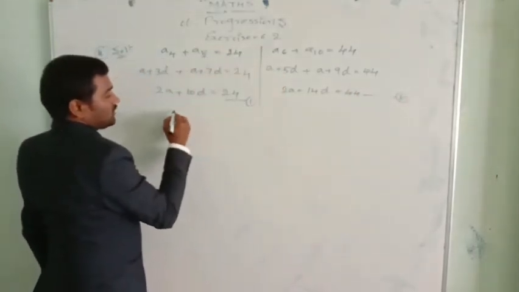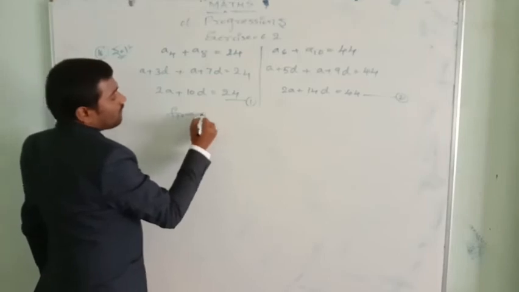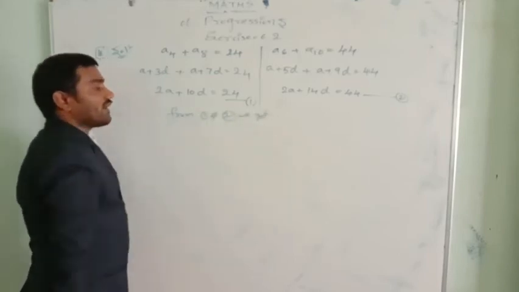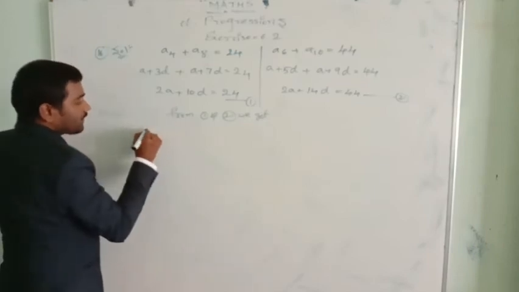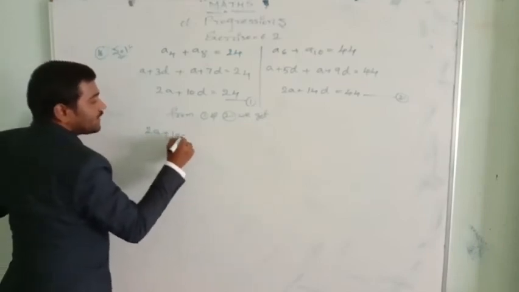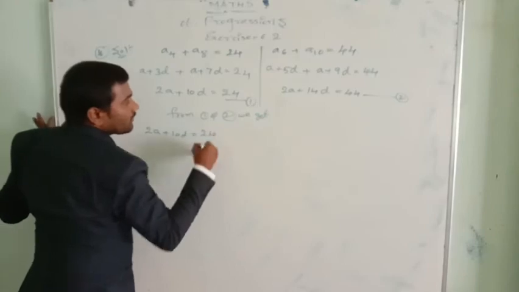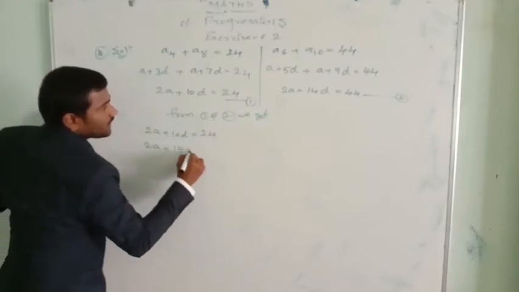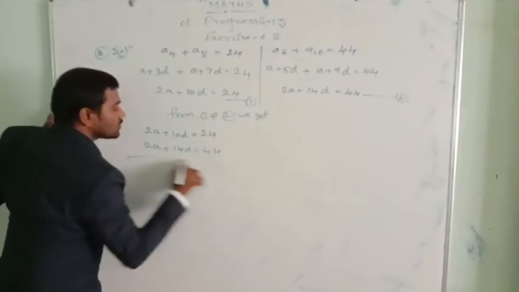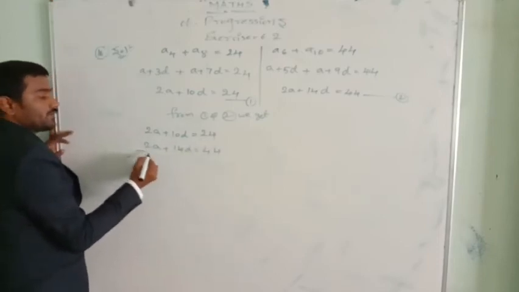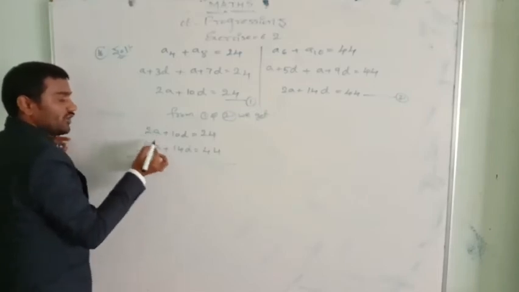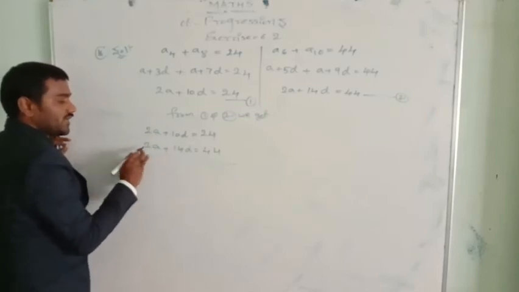From 1 and 2 let us solve this. See, 2a plus 10d equals 24. Now here 2a plus 14d equals 44. So what I said, we need to cancel one of the unknown terms. So let us cancel a, because their coefficients are also equal. Here plus 2a, here plus 2a.